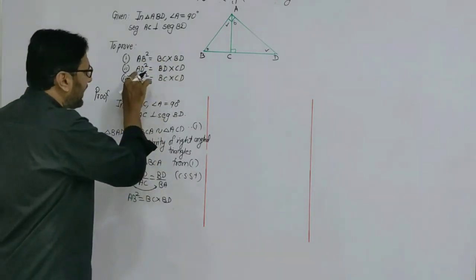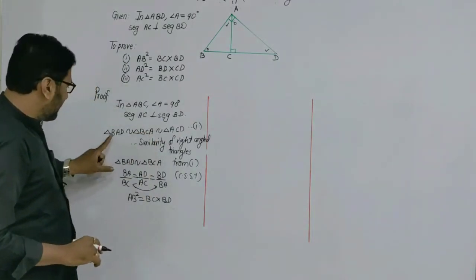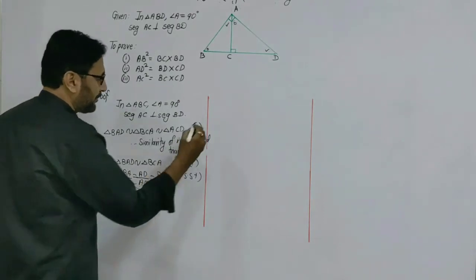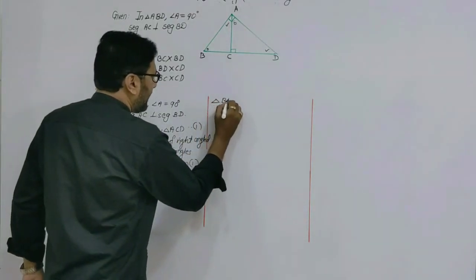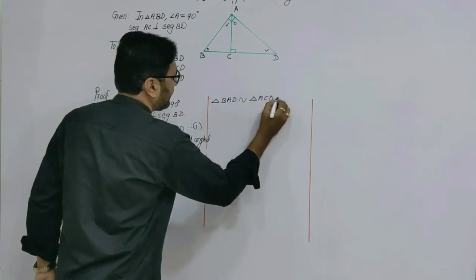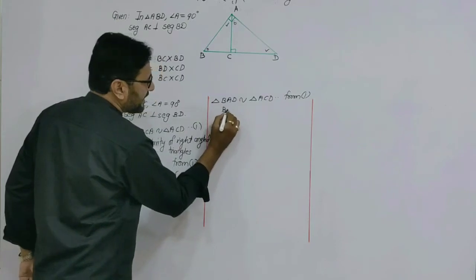Now for proving AD square is equal to BD into CD, you will consider triangle BAD and triangle ACD. You know, triangle BAD is similar to triangle ACD from 1. Take corresponding sides.